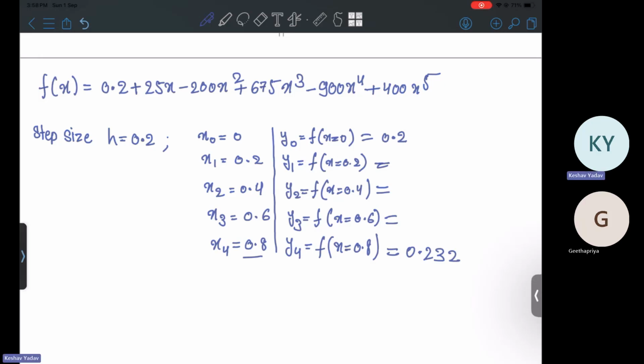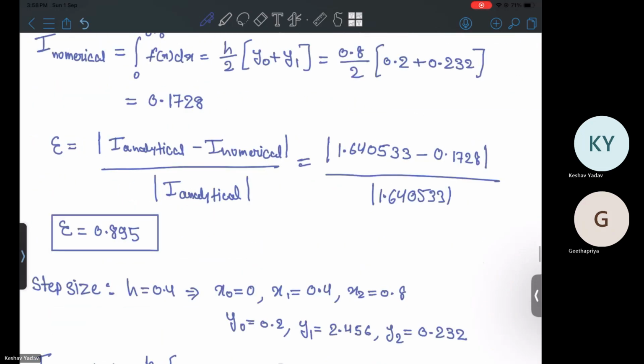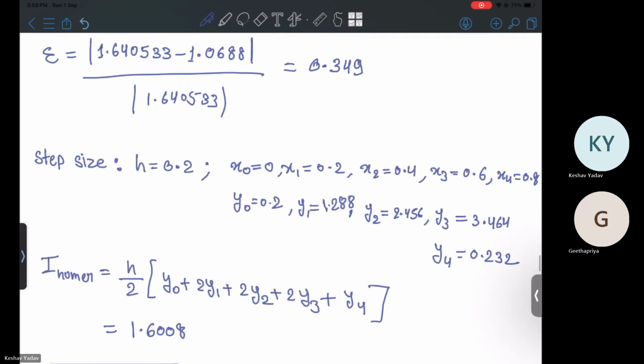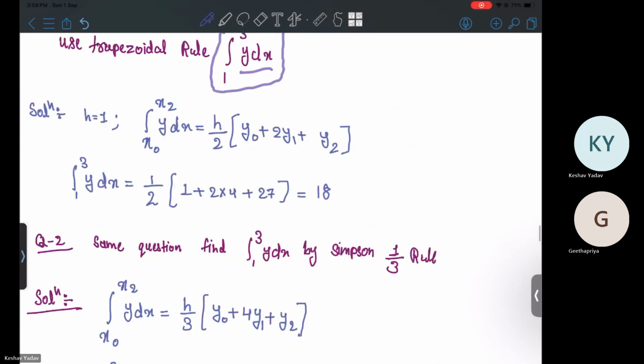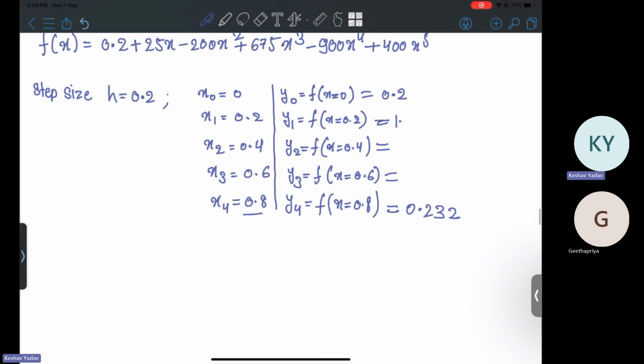I have already calculated, so I will write the values directly. This will be 1.288.